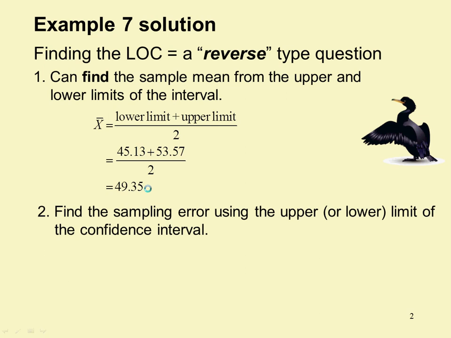Given that we've got the sample mean, the next thing we can do is find the sampling error. We can do this again by using the upper or lower limits, and I'll use the upper limit of the confidence interval.